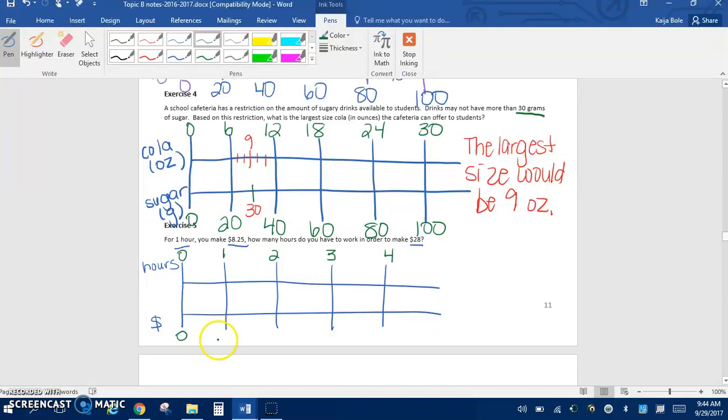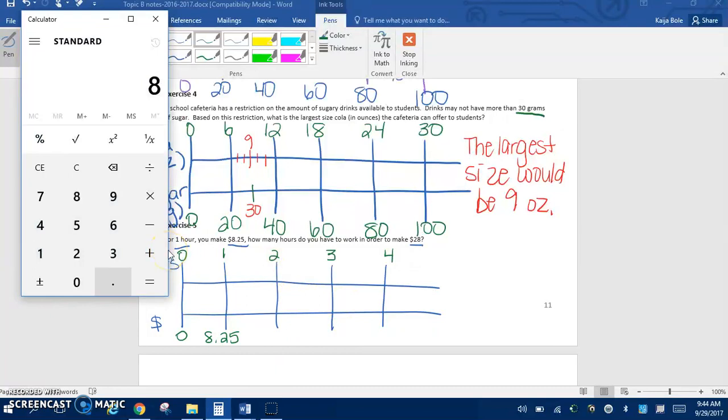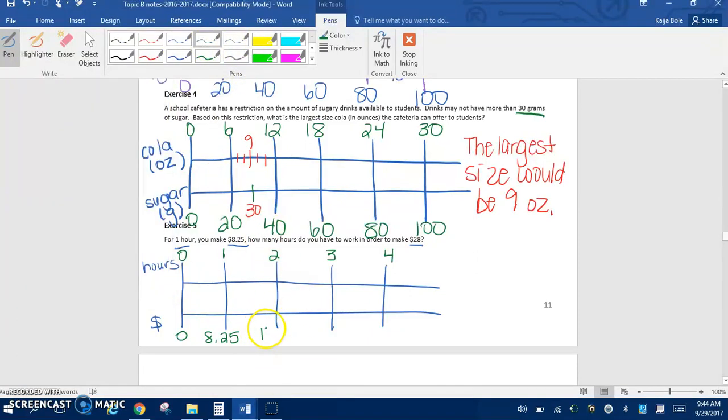On the bottom we might need the calculator, so first is 8.25. On the calculator, if you do 8.25 plus 8.25, we get 16.50 here. If you do that again, you get 24.75. And one more time, you get $33 even.